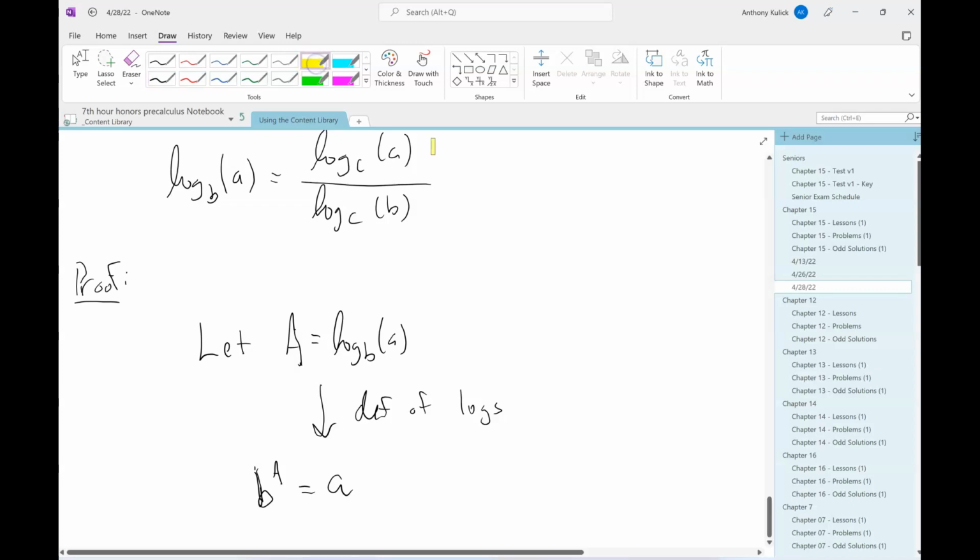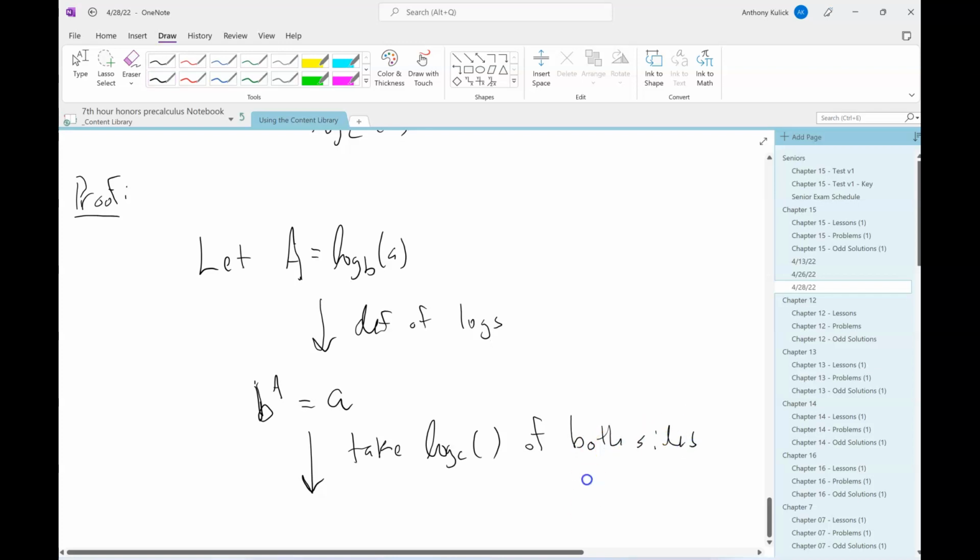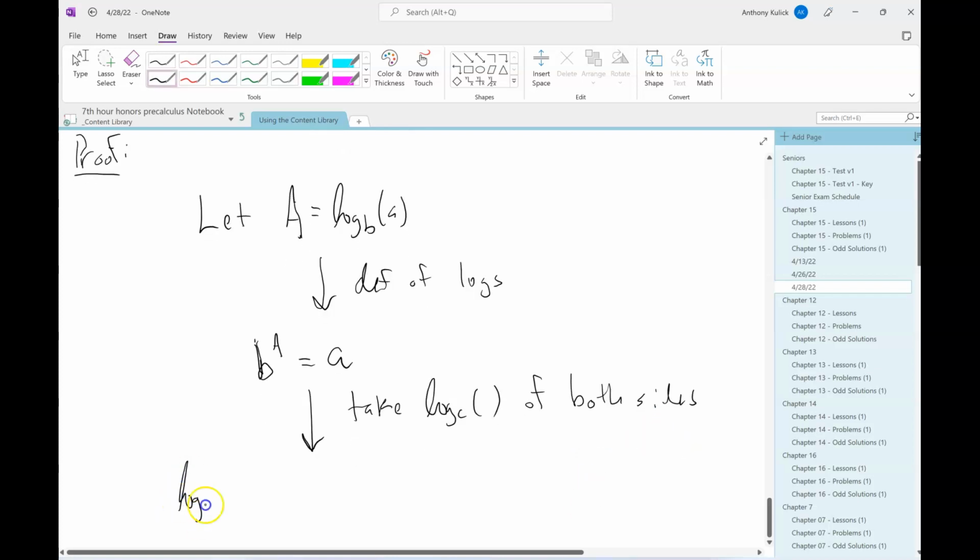Now, if I look at my change of base formula, on the right-hand side, I need to get log base C of A. So to get that part of it, I'm just going to take log base C of both sides. So that's a standard algebra technique where we do something to both sides of our equation.